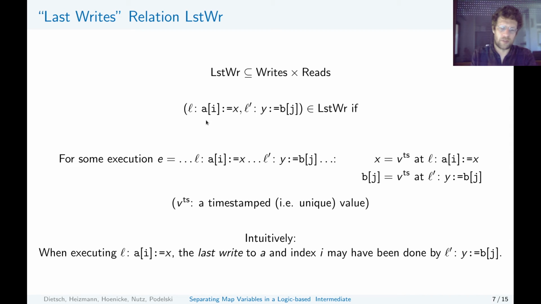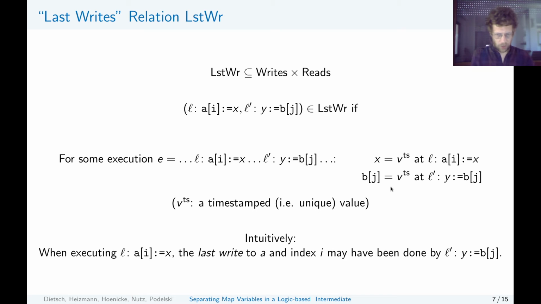So, for example, this write with label L and this read with label L' are related by last writes if in our program there is an execution which first visits statement L and then label L', and such that the value that is written by our statement at L is actually read by our statement at L'. So for the sake of simplicity, we're assuming that no value is written by two different statements. That's what this timestamp is suggesting.